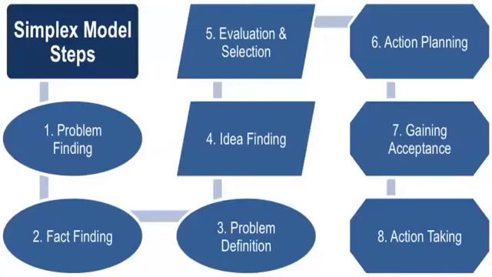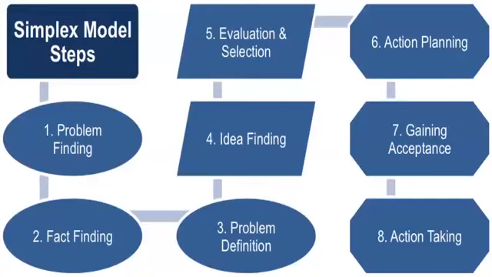The simplex method steps are, first of all, we find the problem, then we find the facts, then we define the problem, then we define the ideas that can solve the problem.